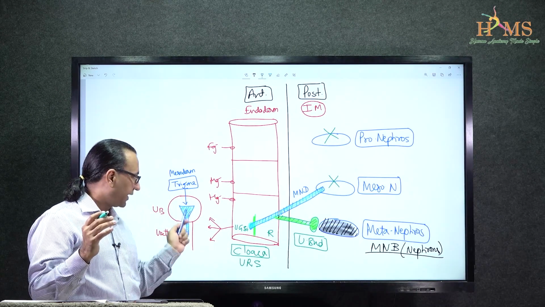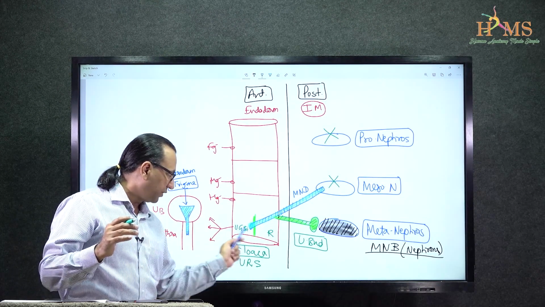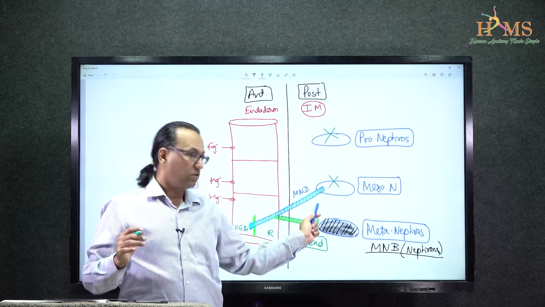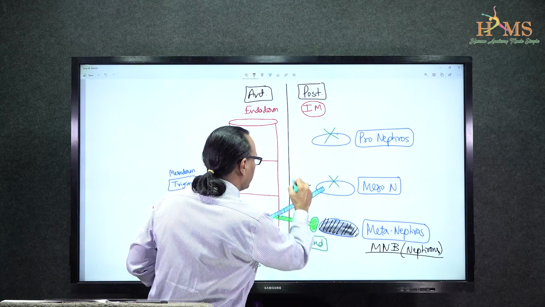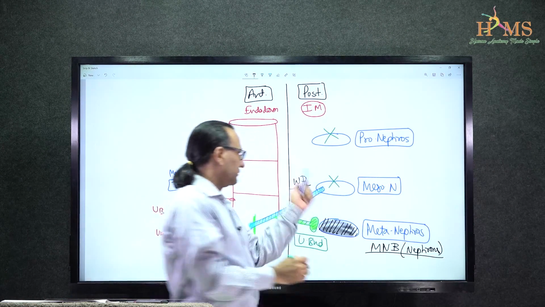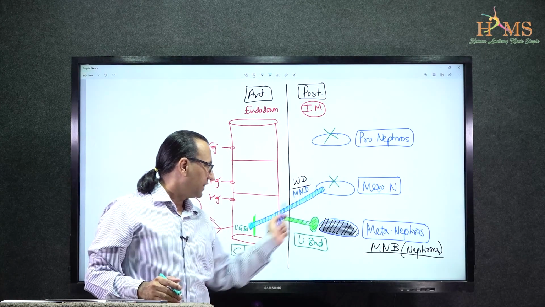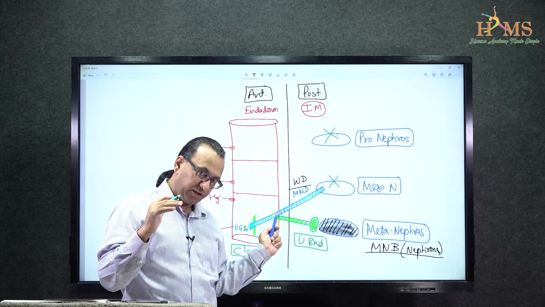So this all becomes mesoderm because it is coming from the tip of the mesonephric duct from the intermediate mesoderm. And later, this proximal portion which is left will also be called the Wolffian duct, and this Wolffian duct is going to form male reproductive system.